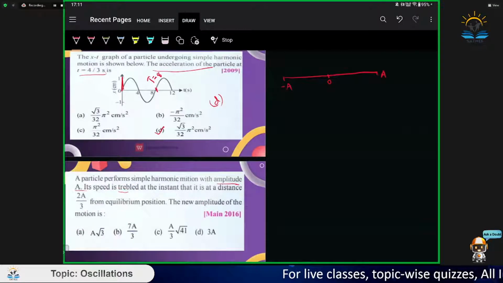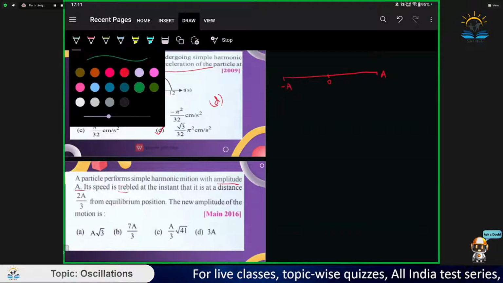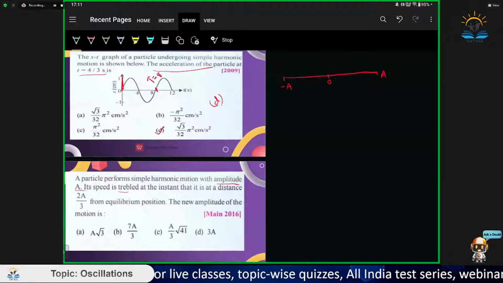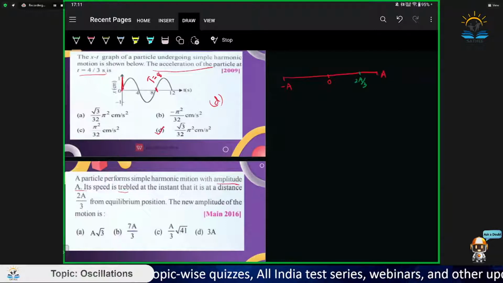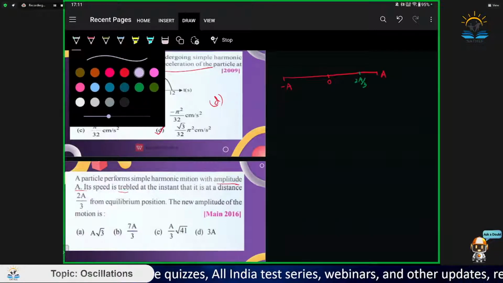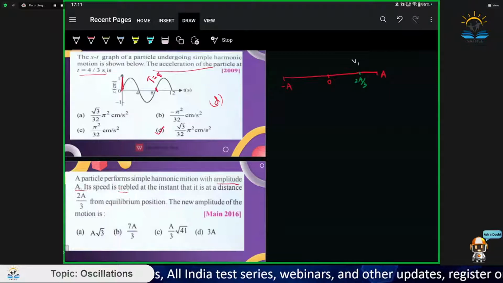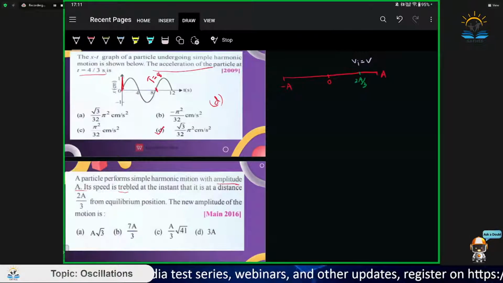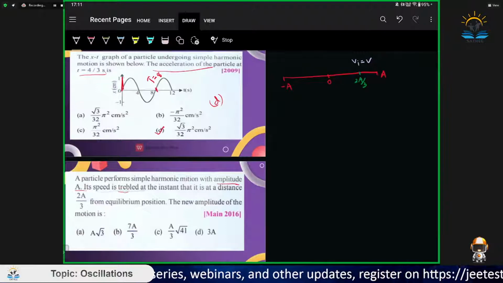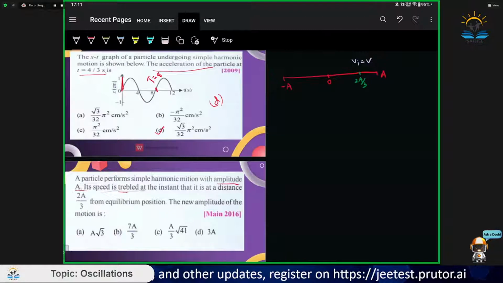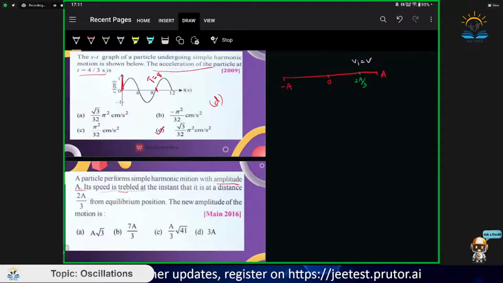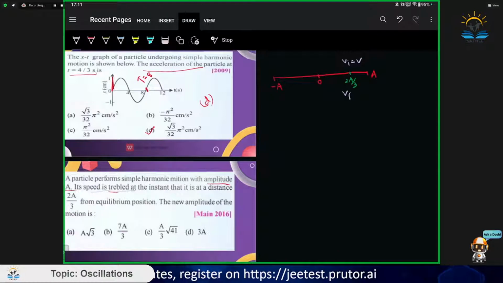When the particle is at a distance 2a by 3 from the equilibrium position, almost here, the initial speed was v only. But at 2a by 3, the speed is tripled. The particle reached 2a by 3 with velocity v. After that, they tripled the velocity. So the final velocity becomes 3v at 2a by 3.